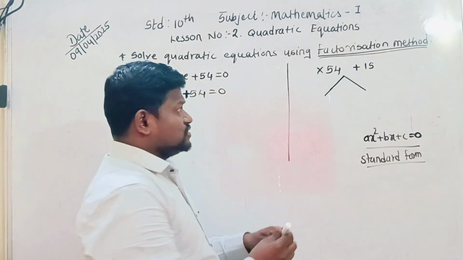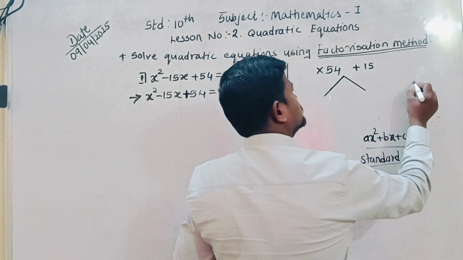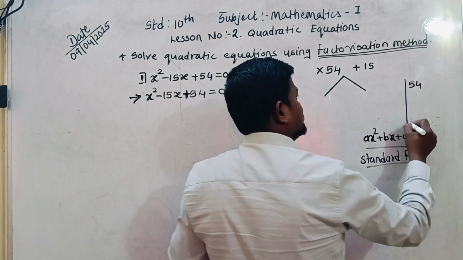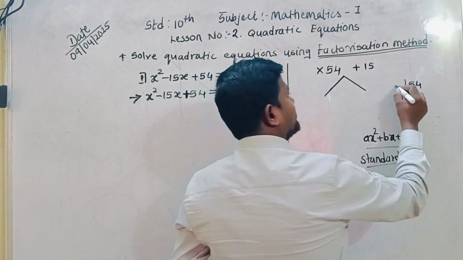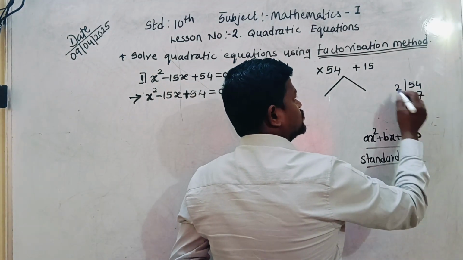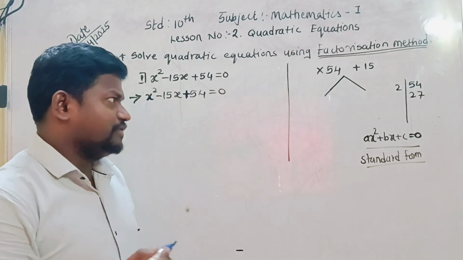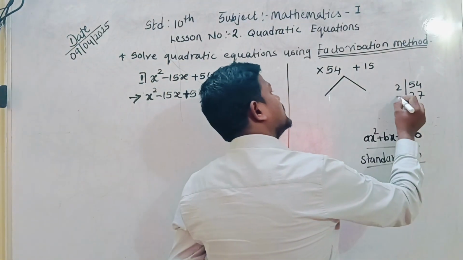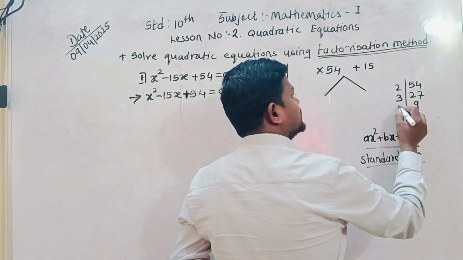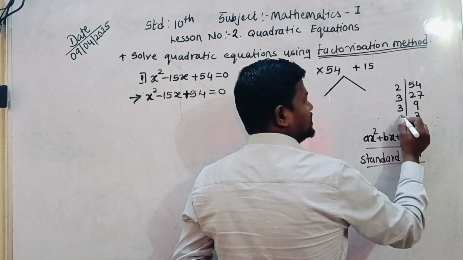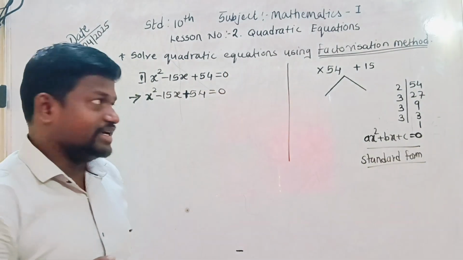Okay, if you don't know the table, first factorize them. 27 into 2 is 54, then 3 9s are 27, 3 3s are 9 and 3 1s are 3. These are the factors we get, right?